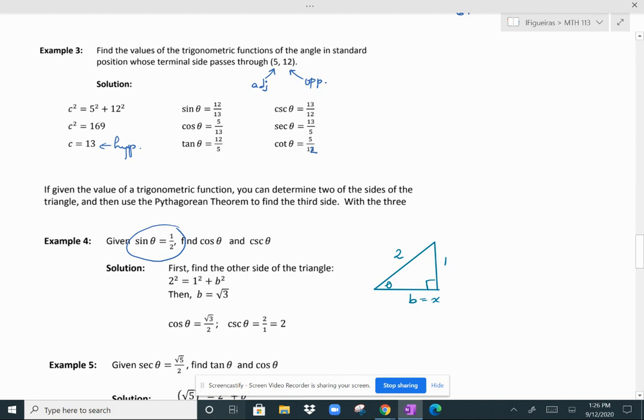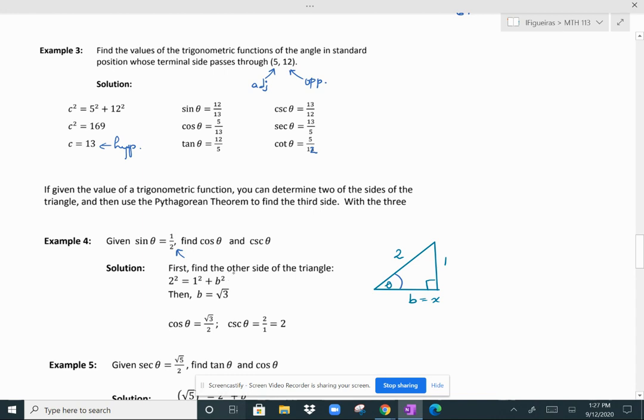All right, so if sine of theta is a half, remember sine is opposite over hypotenuse. So here's my picture. Here's your opposite, and here's your hypotenuse. I need to figure out what my adjacent side is so that I can answer the question regarding cosine. Cosine is adjacent over hypotenuse. I don't know what the adjacent side is. So use the Pythagorean theorem.